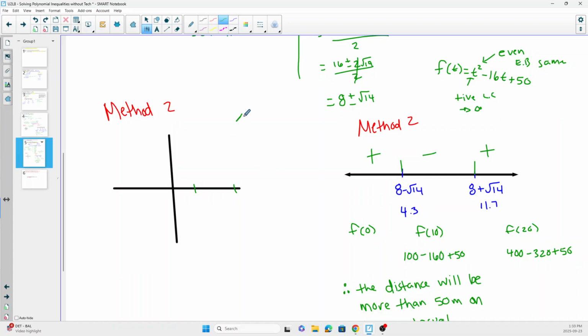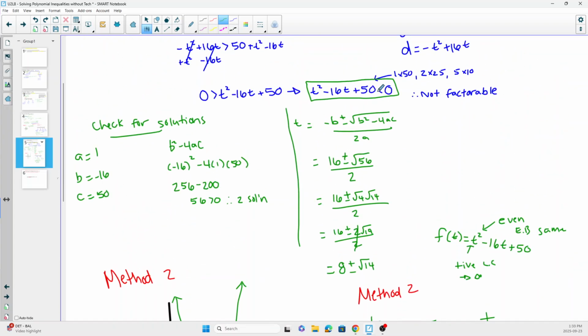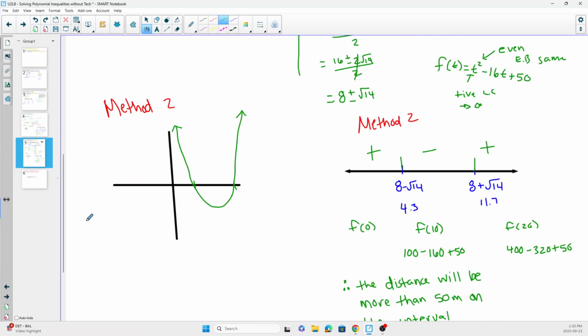So it's somewhere up here and it comes down and it comes back up, and we were interested in when that function was less than 0, and that happens, as you can see, between these 2 points.